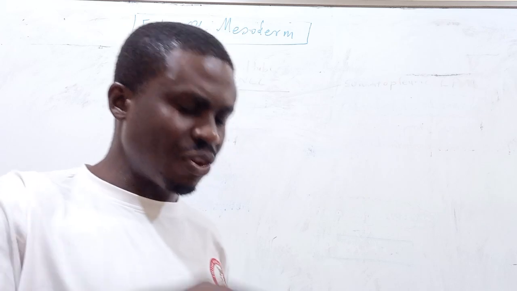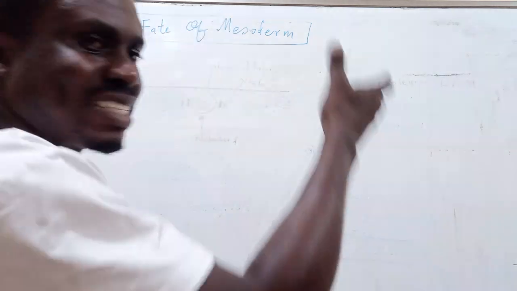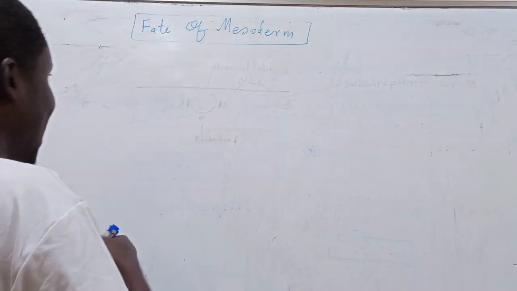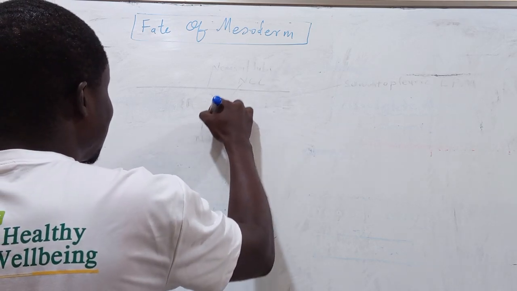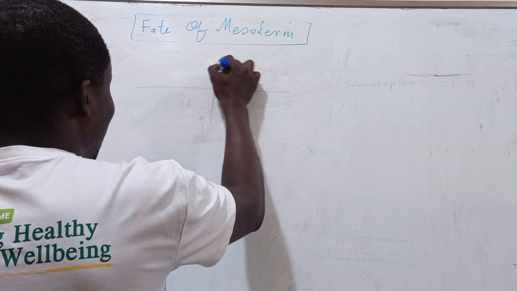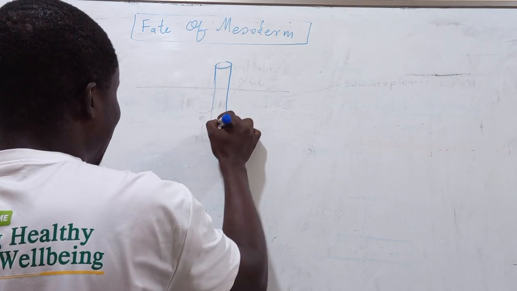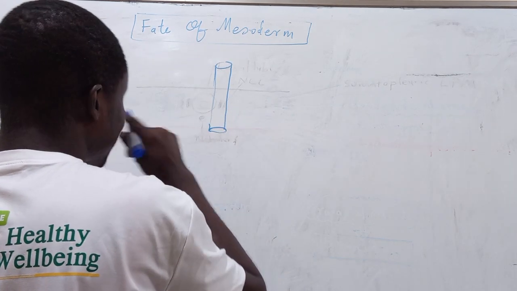If I have the neural tube, then on either side of the neural tube, and I'm taking this schematically, assuming it hasn't really formed, but let's just take it like this.